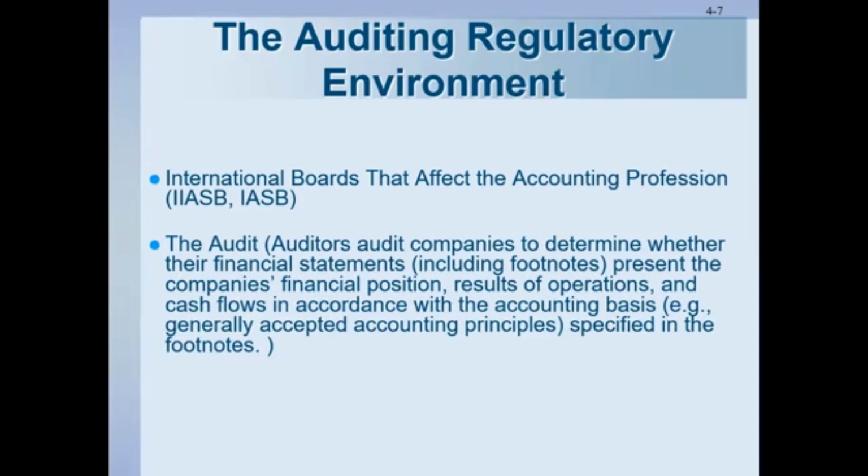So because of the nature of the audit evidence and the characteristics of fraud, the auditor is able to obtain reasonable but not absolute assurance that material misstatements are detected.